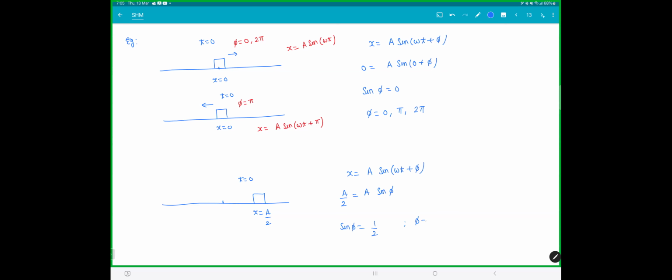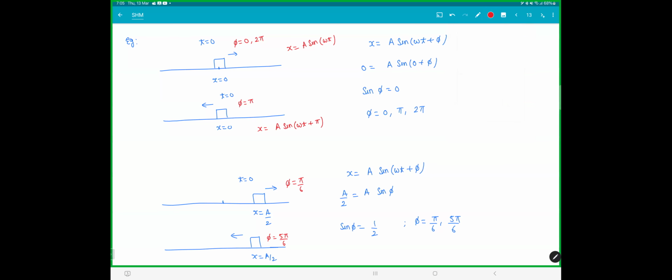So we get phi is equal to either pi by 6 or 5 pi by 6, 30 or 150, both will work. So if you're going to the right, the phase angle is pi by 6. At the same position, but if you're going backward, the phase angle is 5 pi by 6. So every position will have two phase angles depending on which way you're going. Is this making sense, everyone?